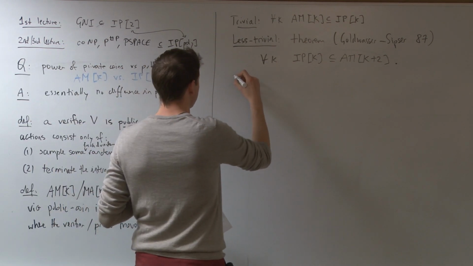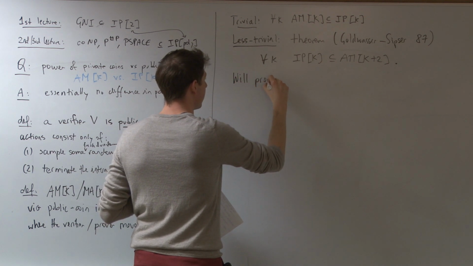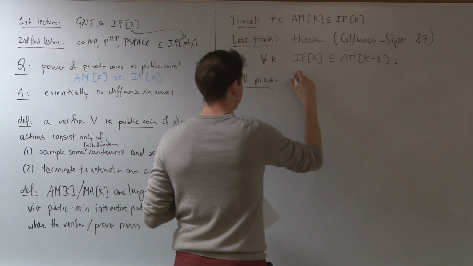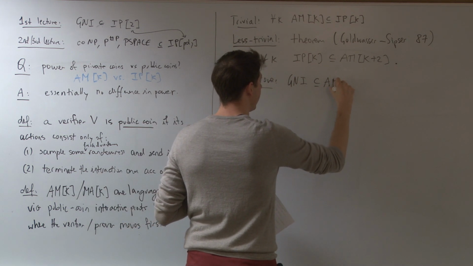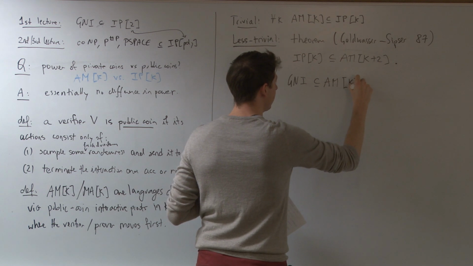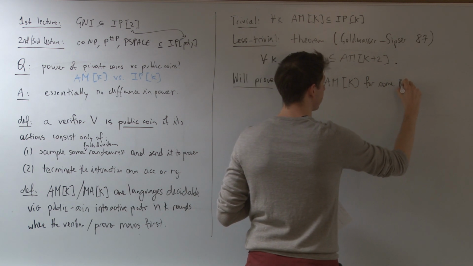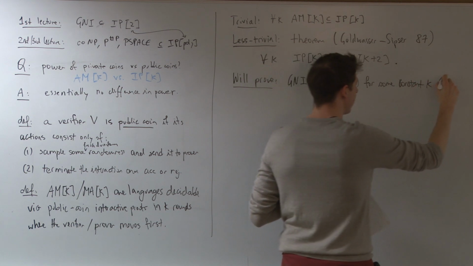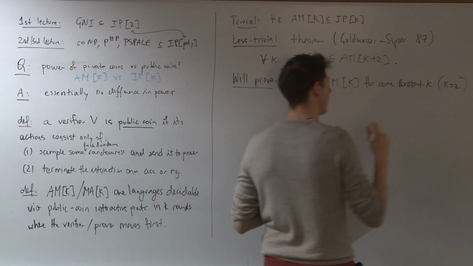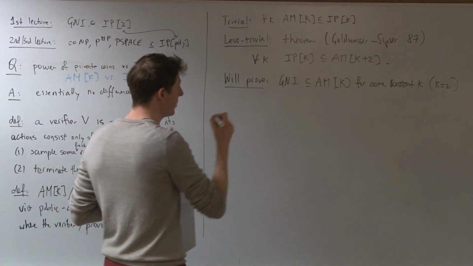So today, we'll prove that GNI is contained in AM_k for some constant k. And if I don't mess up, I think it should be just k equals 2. But let's see later. So that's what we're actually going to prove.